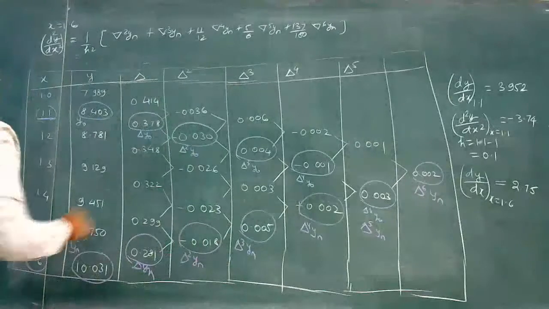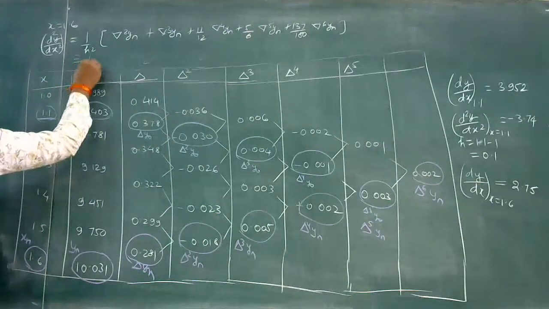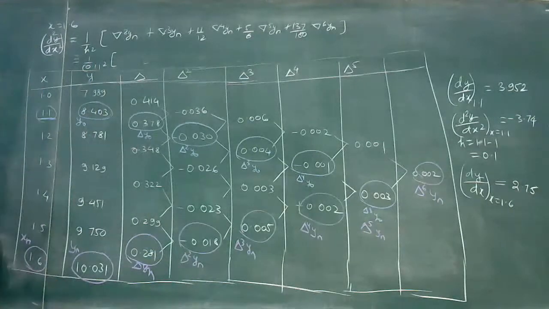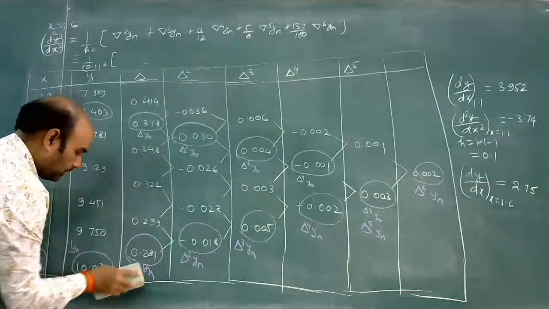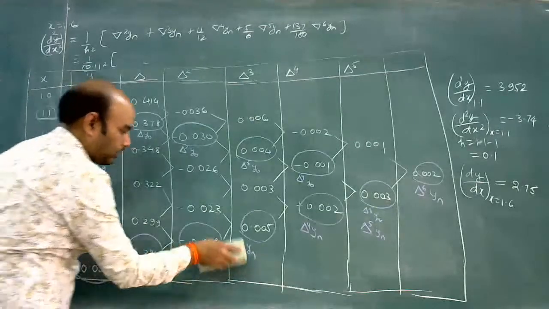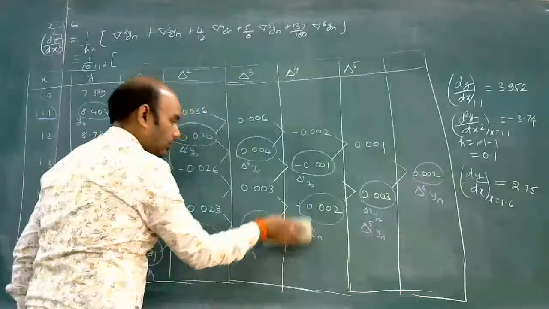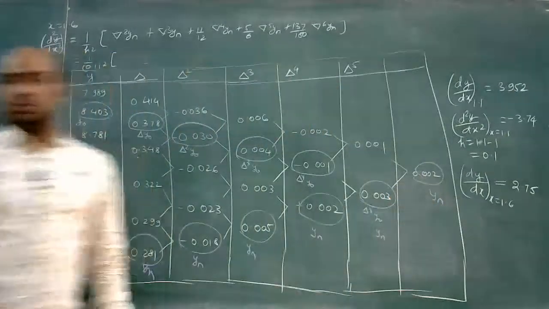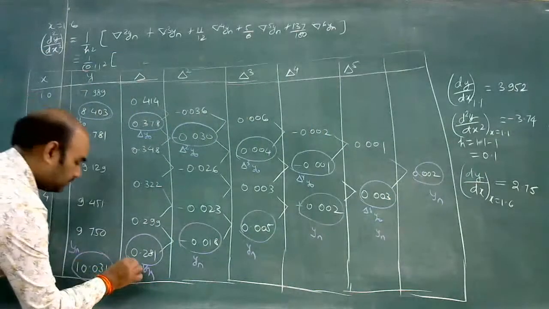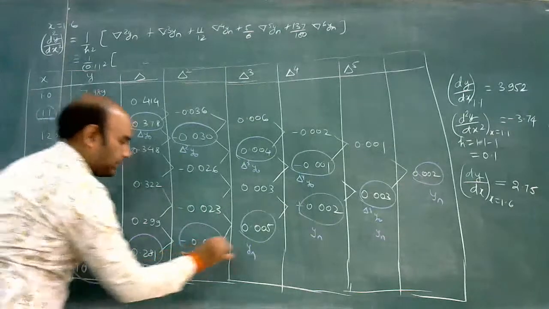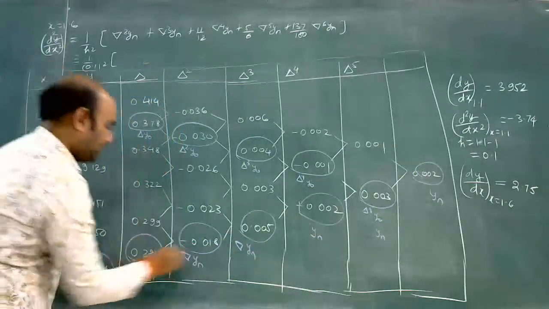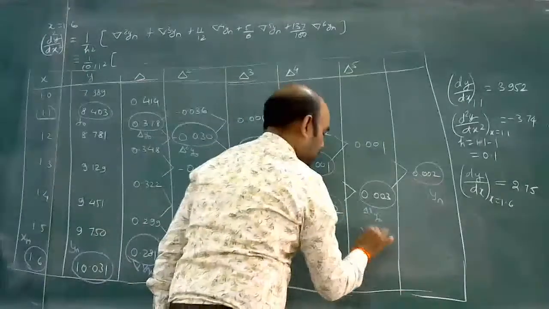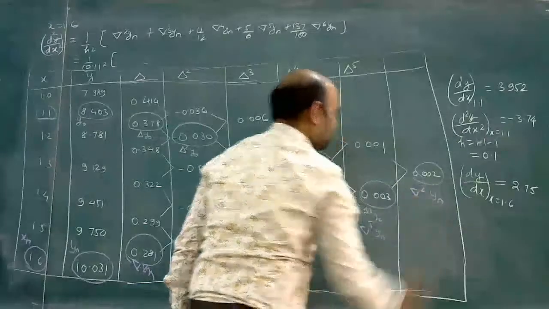Okay, this will be changed accordingly. This is 0.1 whole square. So this will also change. We have to use the backward difference operator. So this is first, second, third, fourth, fifth, sixth.